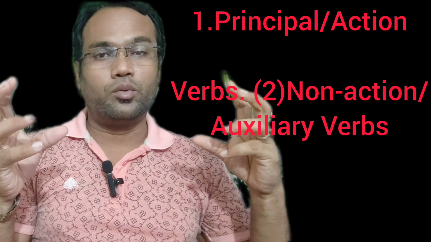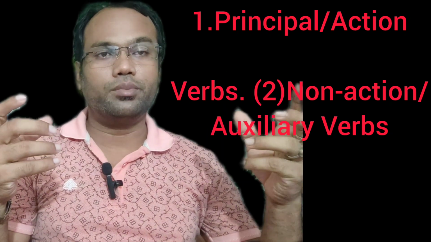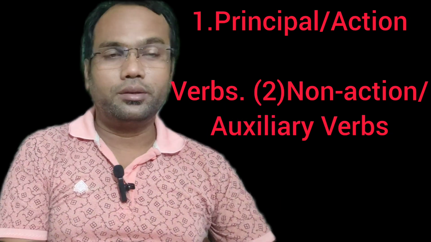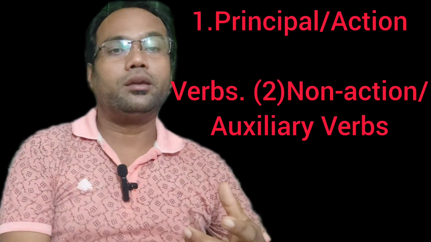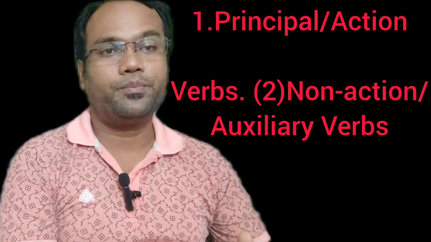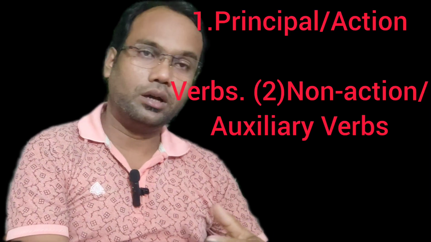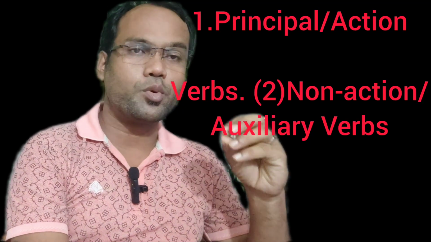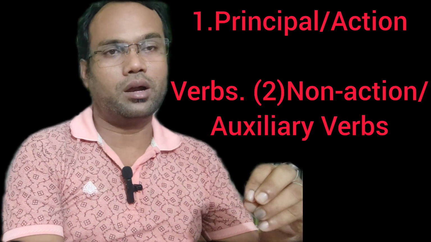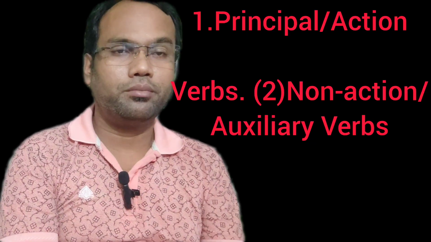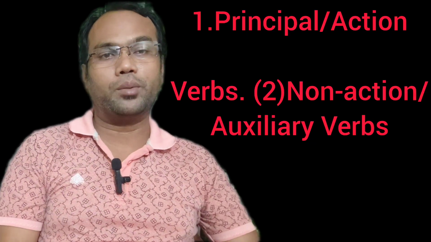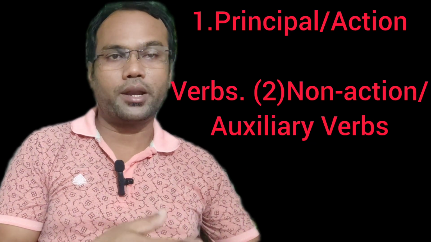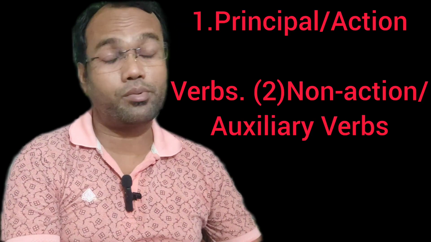If I give you some more examples, when I mention any adjective after the supporting verbs, in that case the supporting verbs are non-action verbs, and we also can mention a main verb or principal verb after the non-action verb.